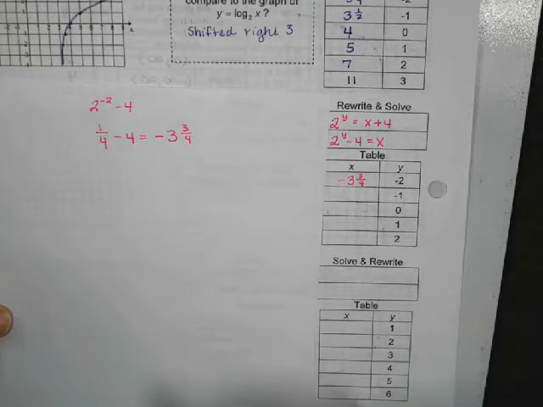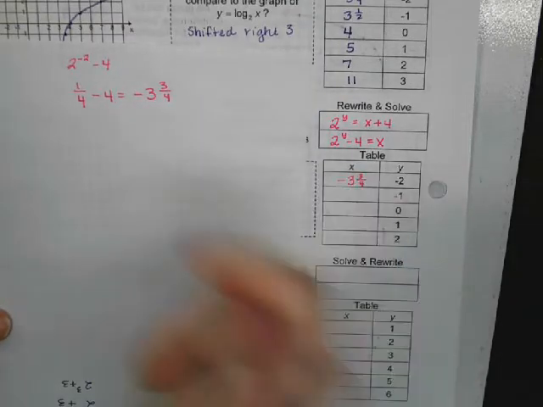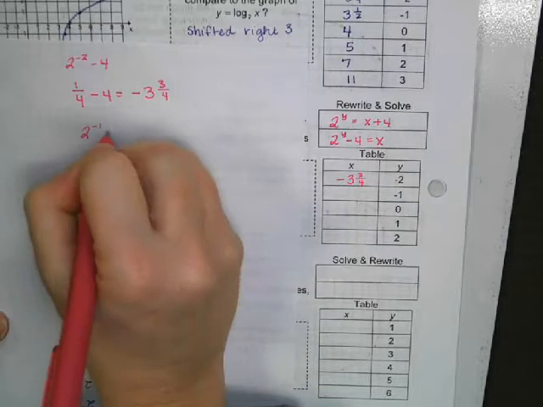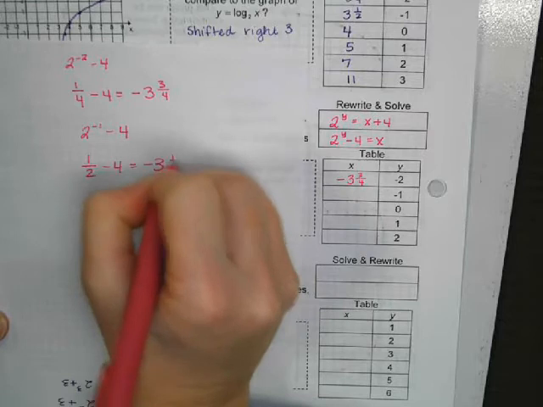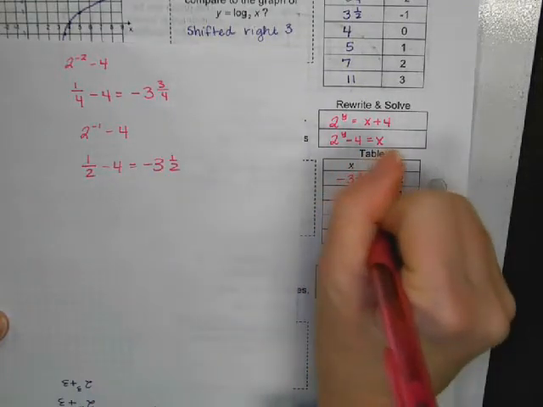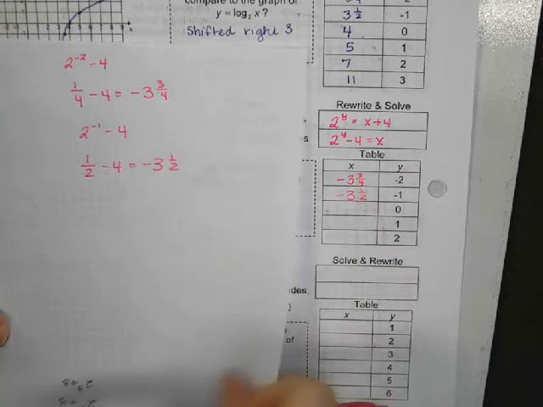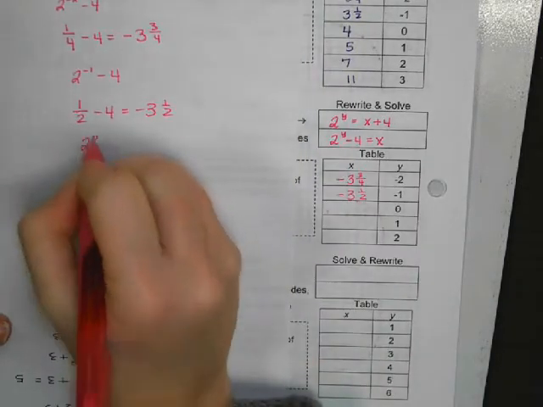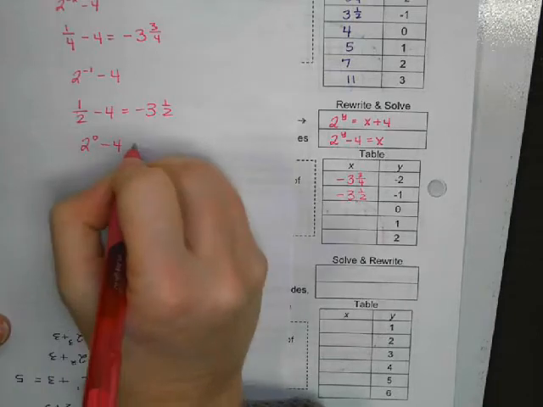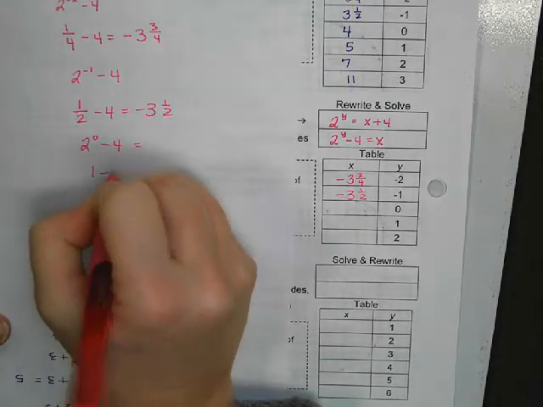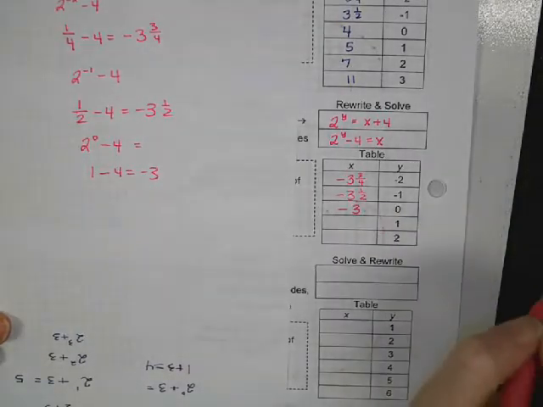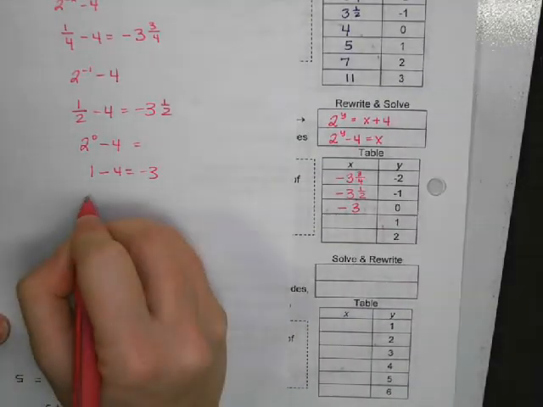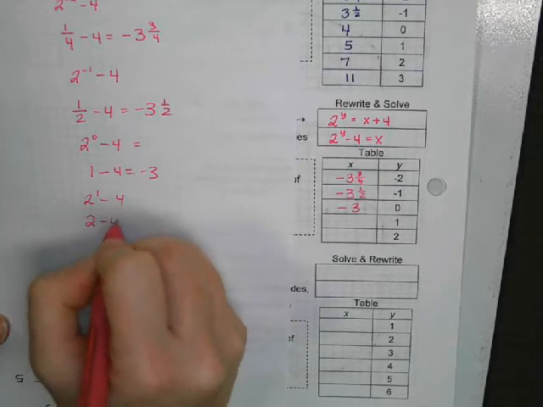Then this next one's going to be negative 2. Oh wait, no, I lied. So 2 to the negative 1 minus 4, that's 1/2 minus 4, which is negative 3 1/2. 2 to the 0 minus 4 is 1 minus 4, which is negative 3. 2 to the 1 minus 4 is 2 minus 4, which is negative 2.